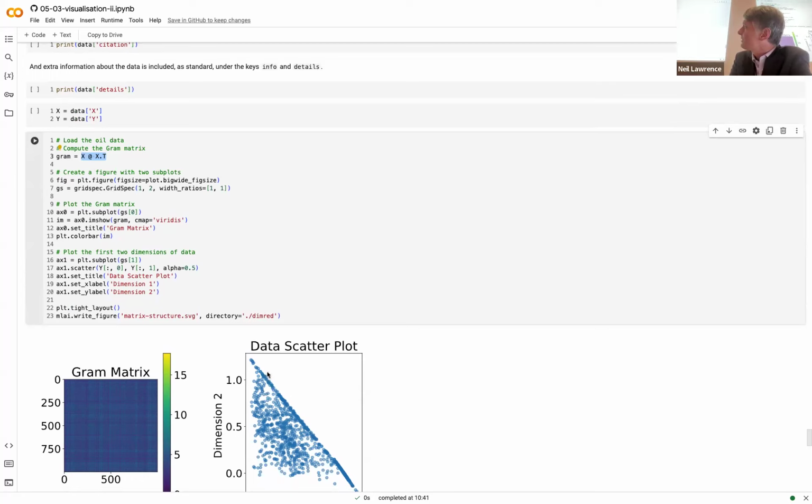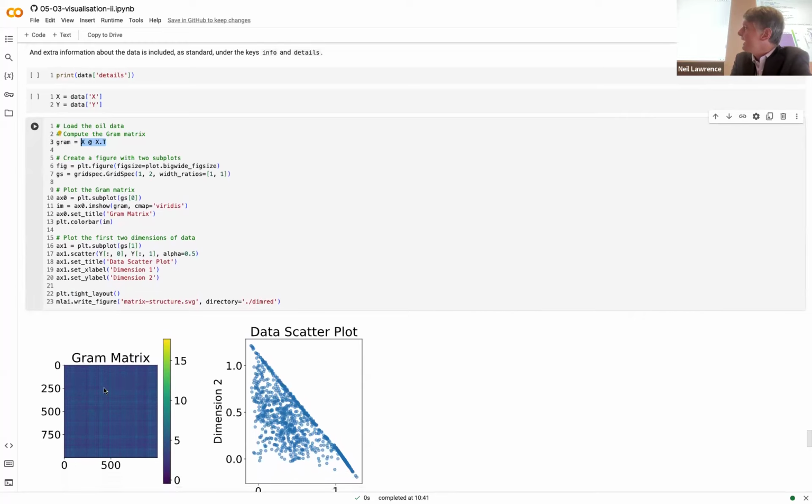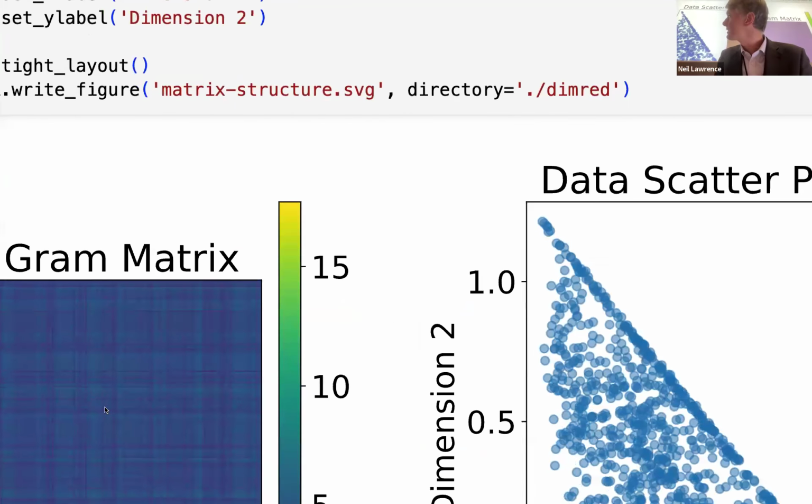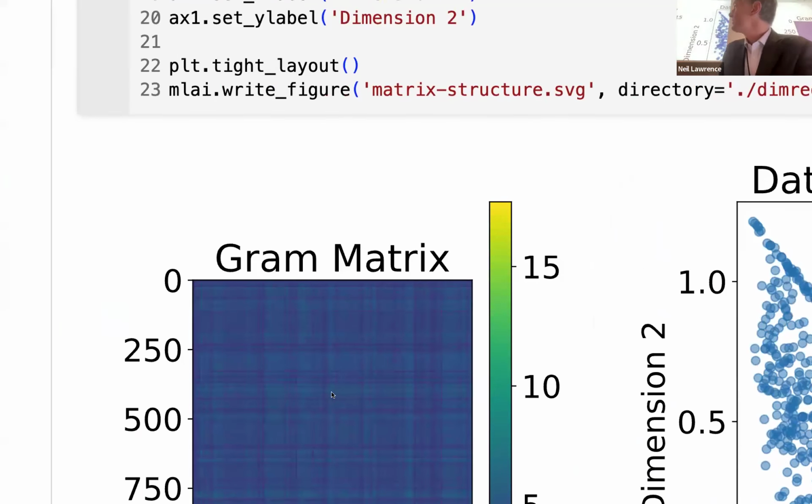And on the right-hand side, I'm just showing you the scatter plot from the oil data again. The interesting thing here, and it's a bit hard to see, is that there is structure inside this gram matrix. Where things are high, that means points are close together. Where they're low, it means points are far apart.